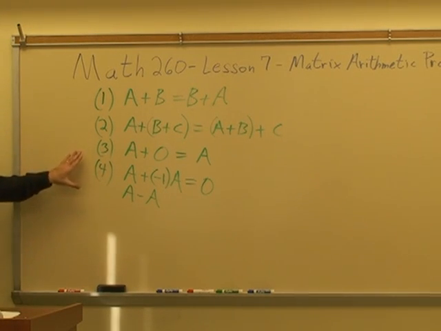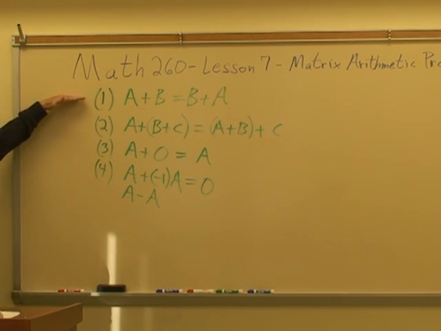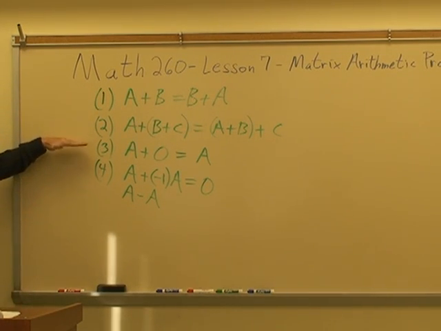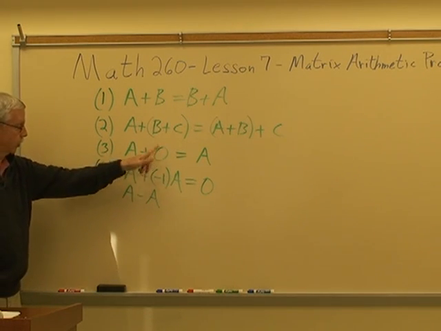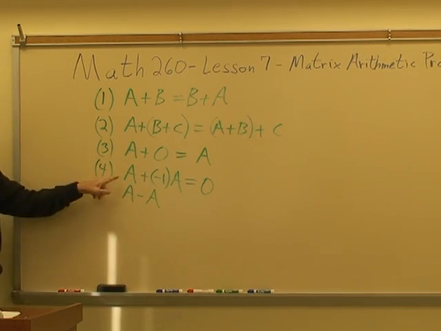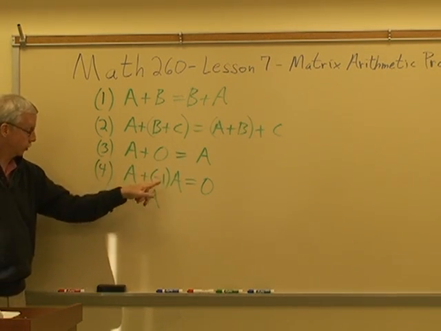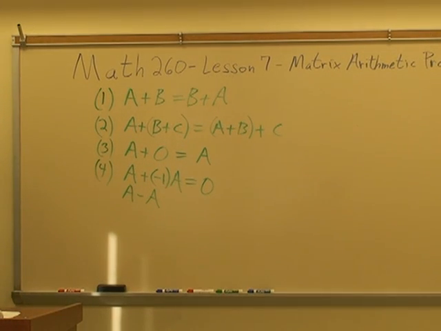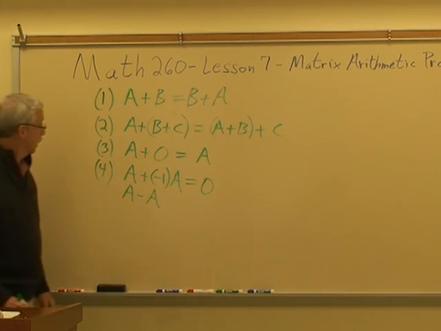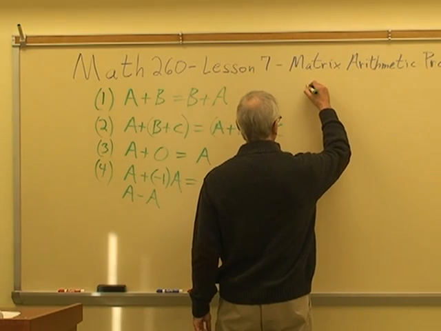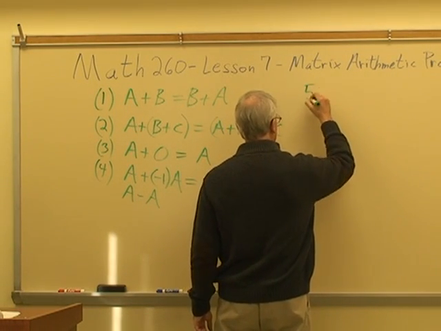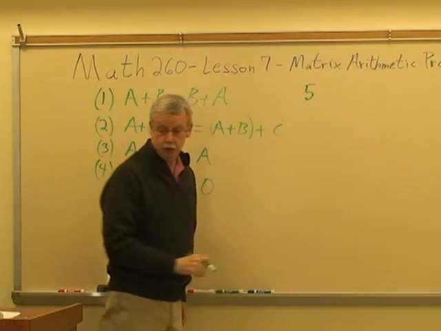So these four are the same as those four vector properties that we had, the properties of matrix addition. It's commutative, it's associative, there's an identity, the matrix full of zeros, and every matrix has an additive inverse: simply multiply all the elements by negative 1. And then properties 5 and on include scalar multiplication.